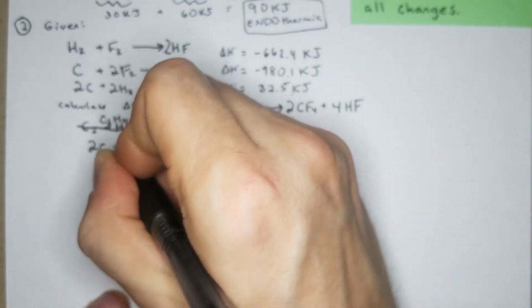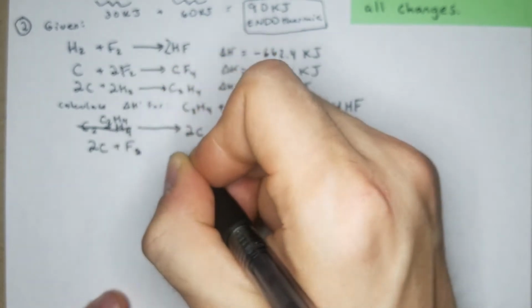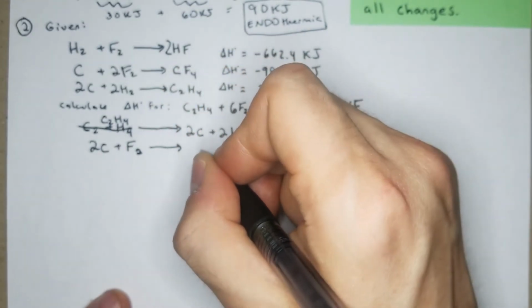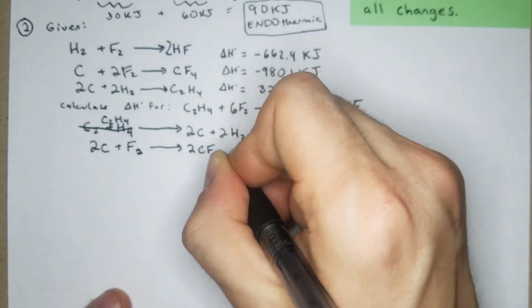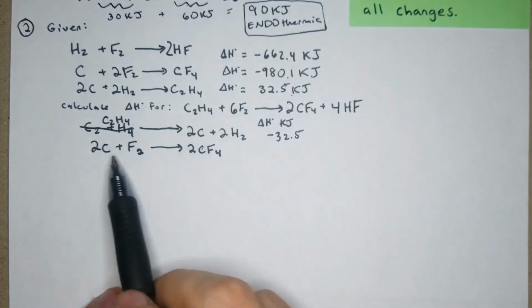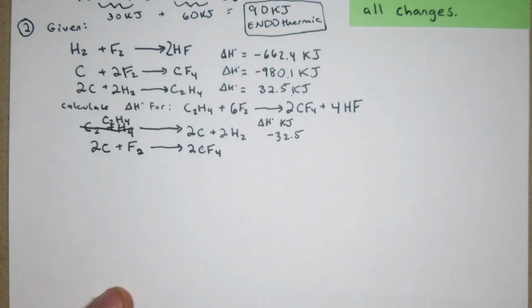2C plus 4F2 yields 2CF4. And then in this case, we just multiplied this by 2, so it's 980.1 times 2.